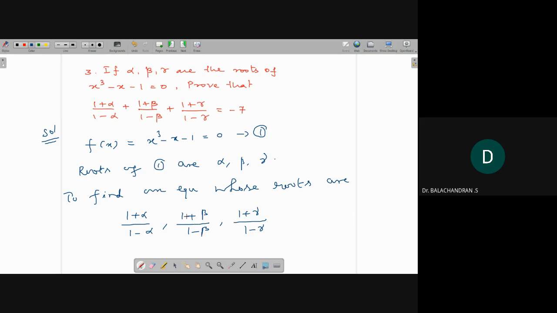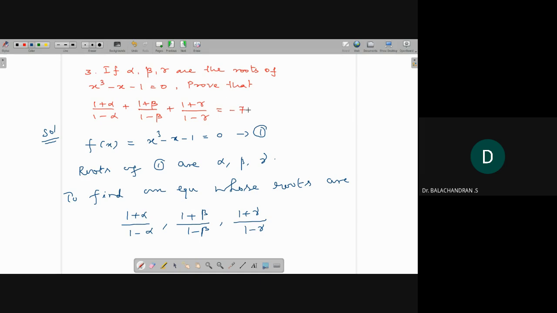Actually, they don't give. If alpha, beta, gamma are the roots of this equation, find the equation whose roots are 1 plus alpha by 1 minus alpha, 1 plus beta by 1 minus beta, 1 plus gamma by 1 minus gamma. Then you know that easily you can form. But they gave the sum of these roots, that is S1.